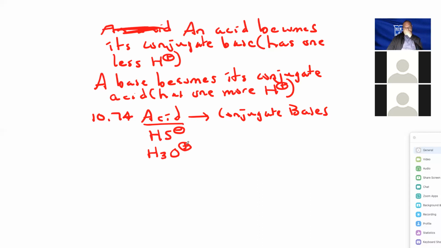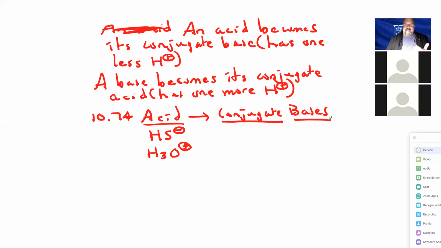Now, the way that I described it in the lecture notes, and the way that I would do this, is that if we're going from an acid to a conjugate base, the conjugate base is going to have one less proton. I'm going to take out the proton in two steps.